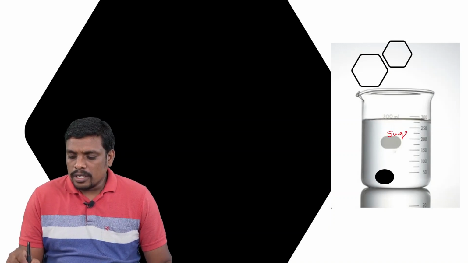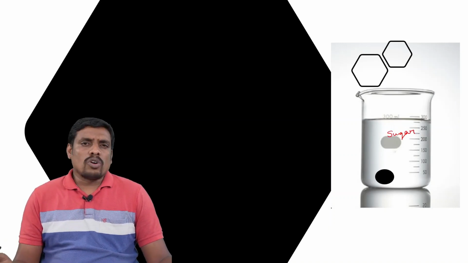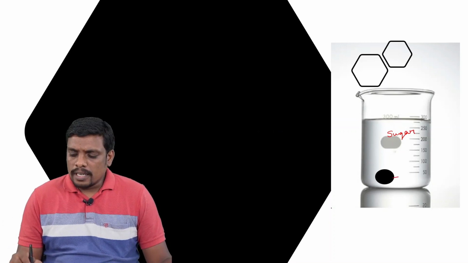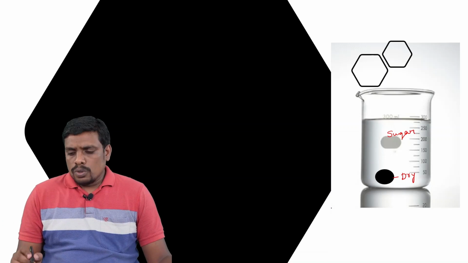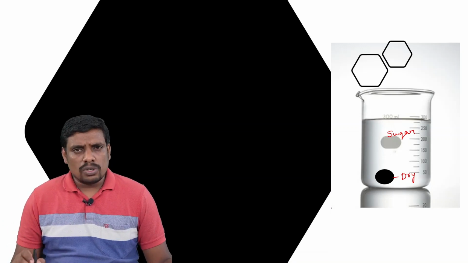We have to keep this raisin. This 100 ml of water contains the sugar. I am not talking about concentration, but here I am taking a dry raisin. So keep this dry raisin inside this sugar solution. Let us observe what will happen.